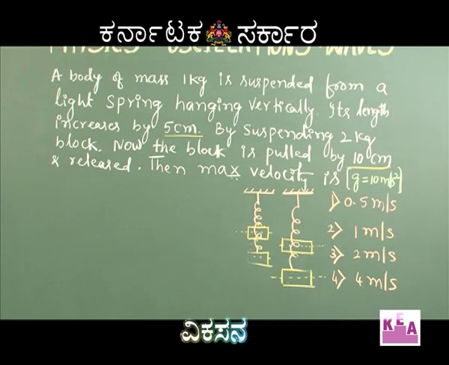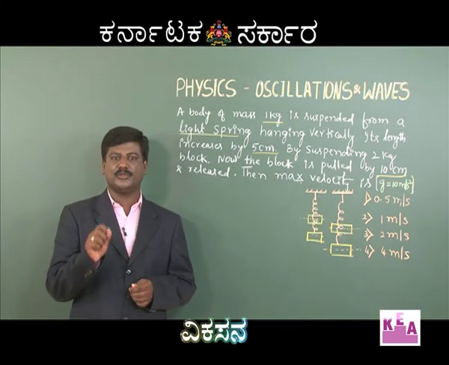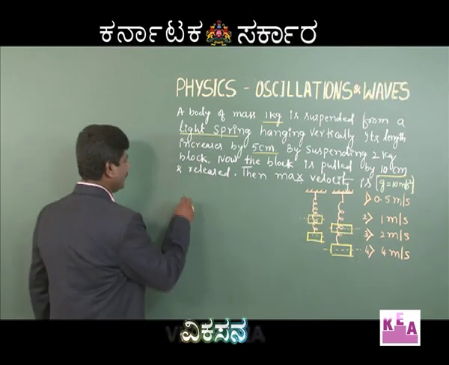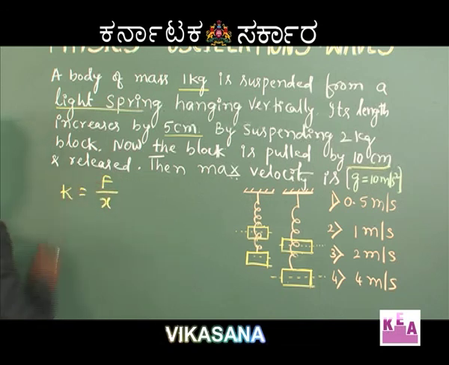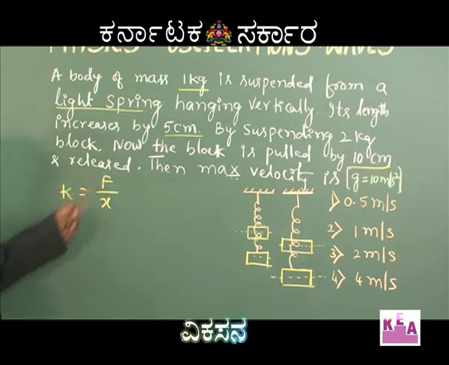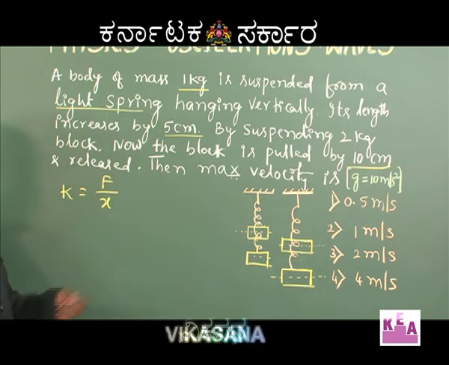So using the mass and the 5 centimeter value, we have to calculate the spring constant of the spring. So we know that the force constant is given by the force law. According to the force law, F is equal to kx. Therefore, k is equal to F divided by x. Here what is F? Restoring force. Restoring force is provided by the weight of the body. How to calculate weight?